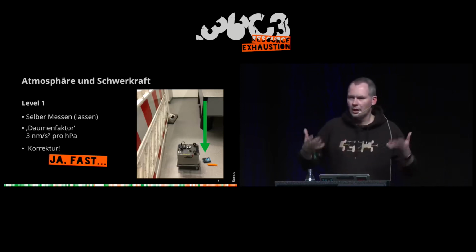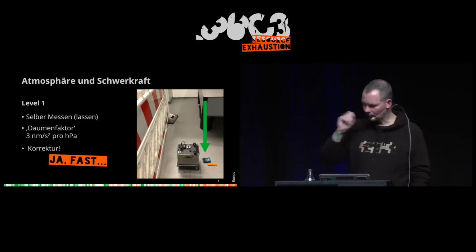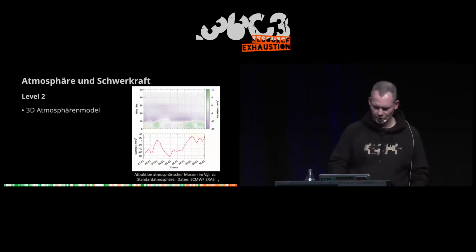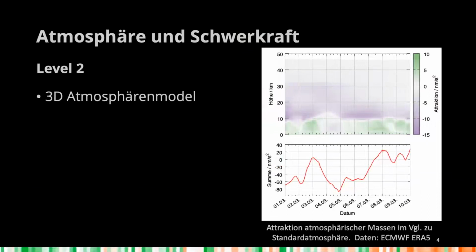Just imagine the water in the atmosphere, the humidity, it has mass, so it has effects on the local gravity coefficient, and so it contributes to my measurements. So you can do a level 2 correction to find how the atmosphere layers above me look in my climate model.